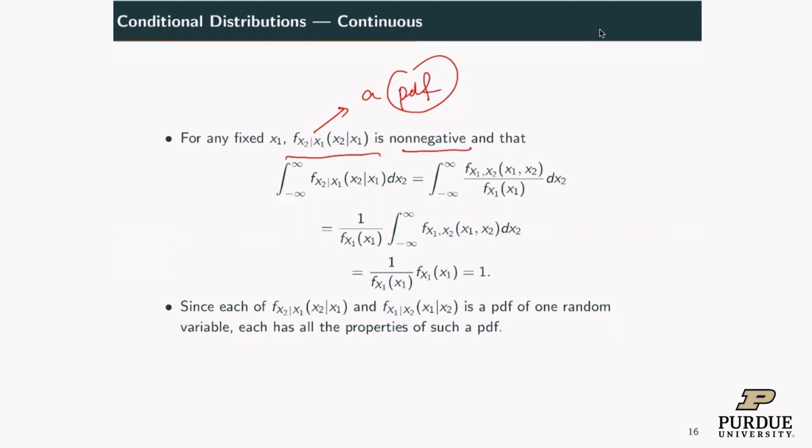We can easily verify this. If you do integration by definition, this is the distribution of x2, this is dx2. So dx2 by definition is this ratio. This term does not depend on x2, so I can move it out. Then you take integration dx2, that's how we get from the joint to the marginal. So it is 1.